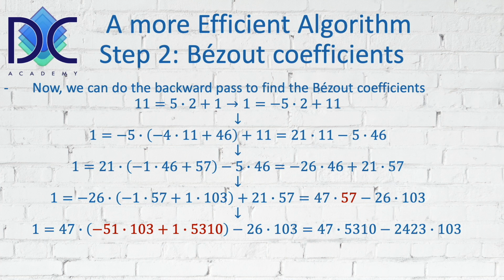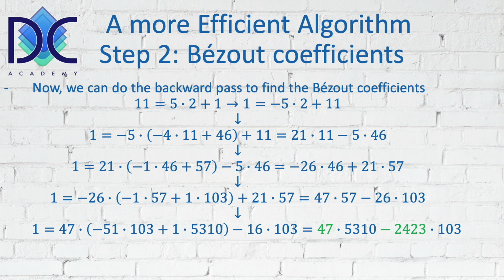So we find here 47 times 5,310 minus 2,423 times 103.